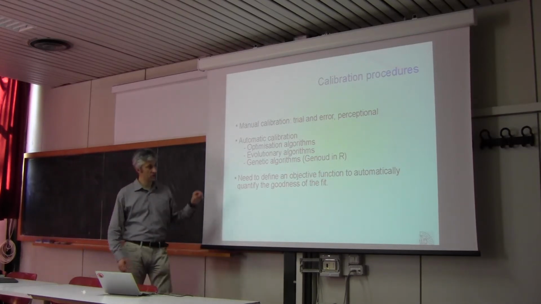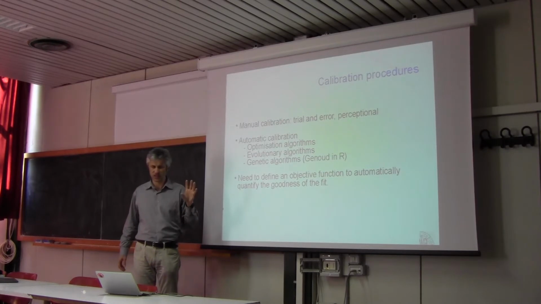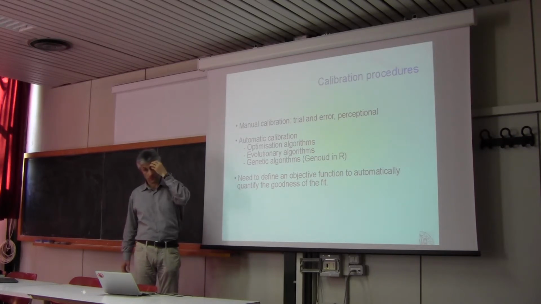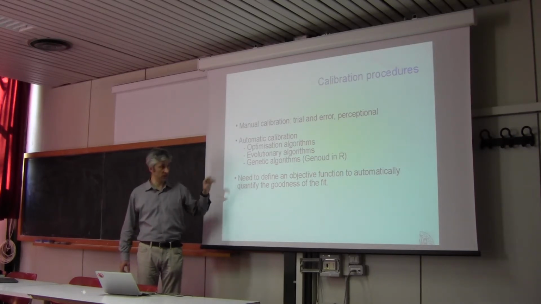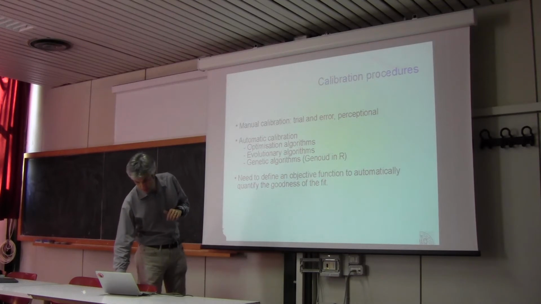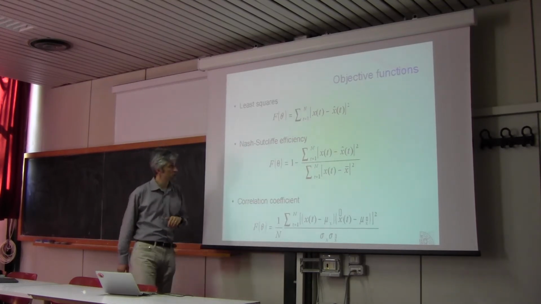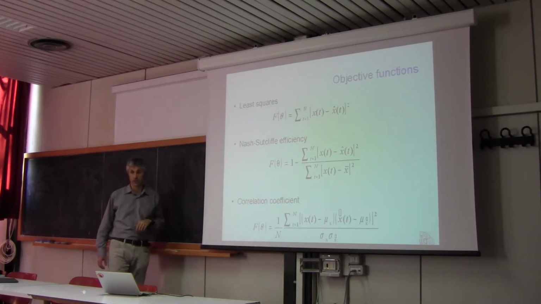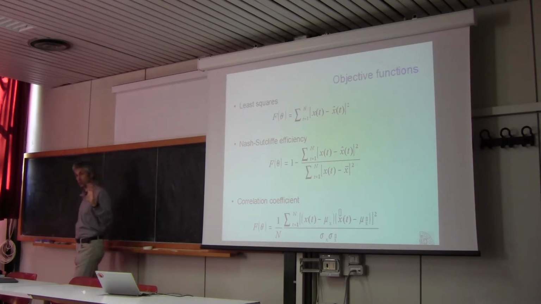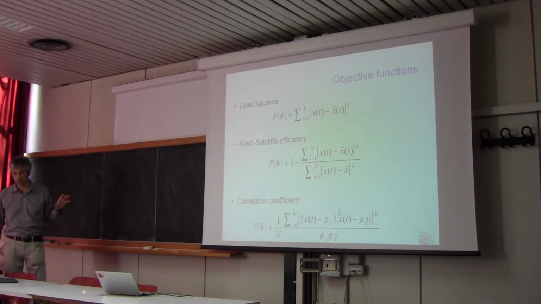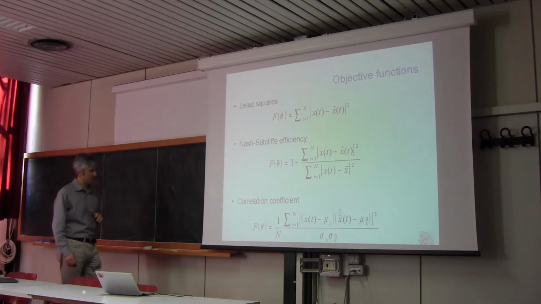So we need to define this objective function, and this is really a relevant issue in hydrology. How to define an objective function? Let me give you some examples. The most used is the least squares objective function, which is minimi quadrati in Italian.